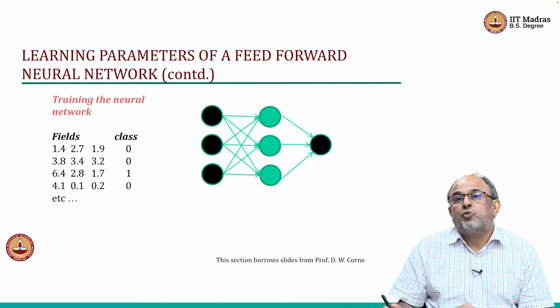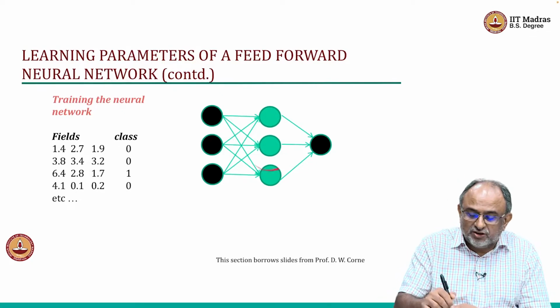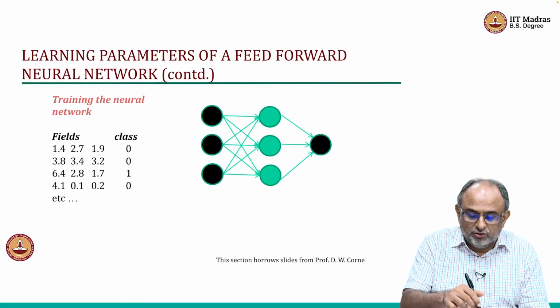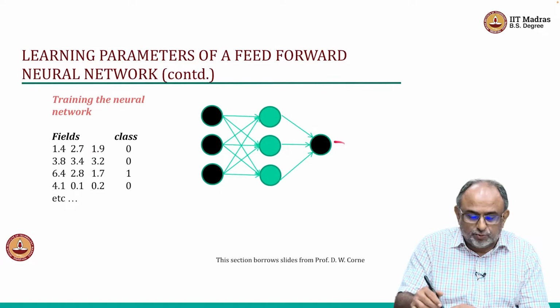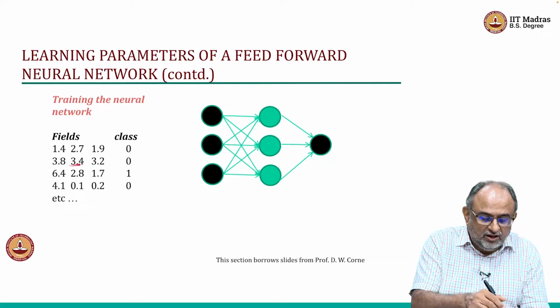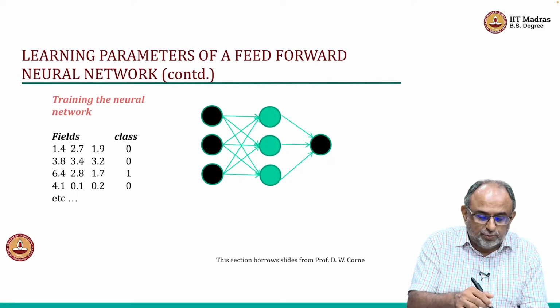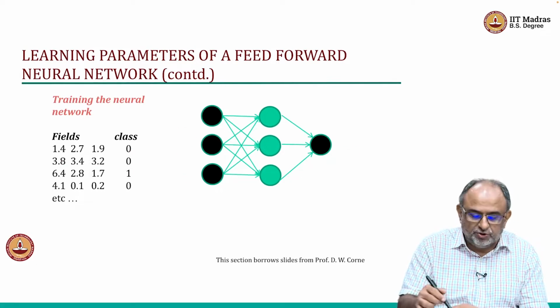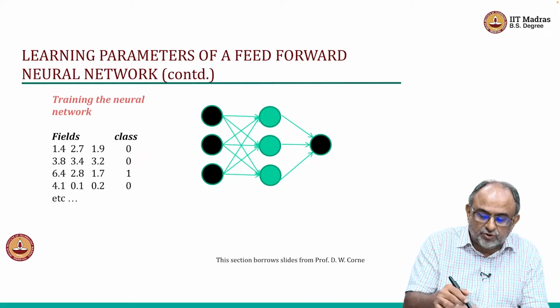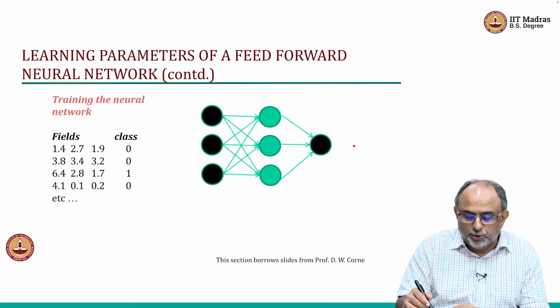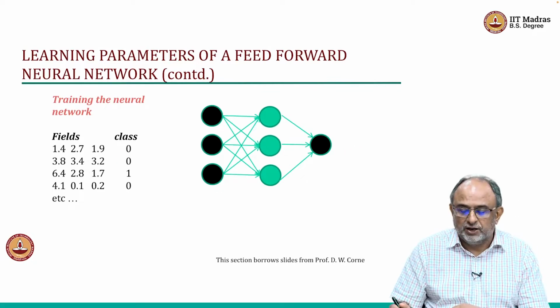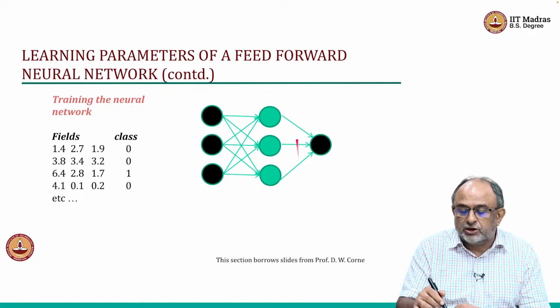Now, training means learning what is not known in all of this. I know the input, and I know the desired output. When I give these 3 inputs, the desired output should be 0. When I give these 3 inputs, 6.4, 2.8, 1.7, I know the desired output should be 1. What is the only thing I can control here?